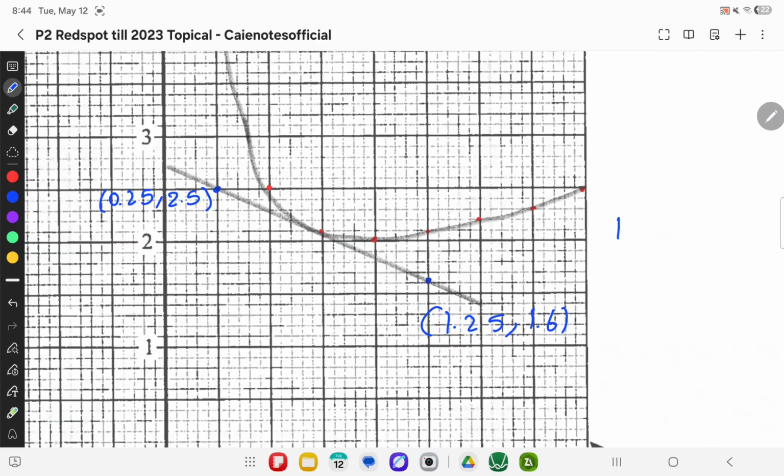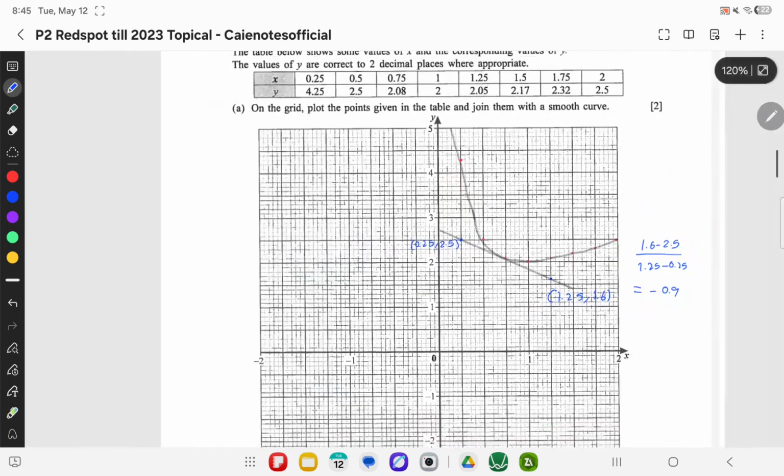Yes, you can have it like this is your first point, your second point. It does not really matter. So I'll do 1.6 minus 2.5 and 1.25 minus 0.25. We get the denominator as 1. As the numerator, we get negative 0.9. So this equals negative 0.9 as our tangent.